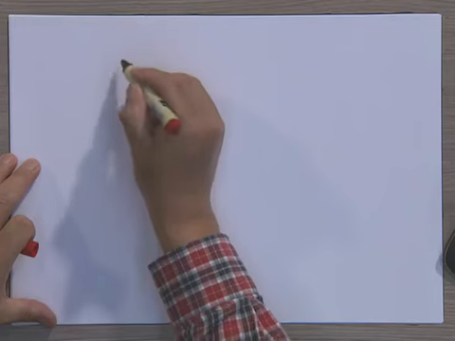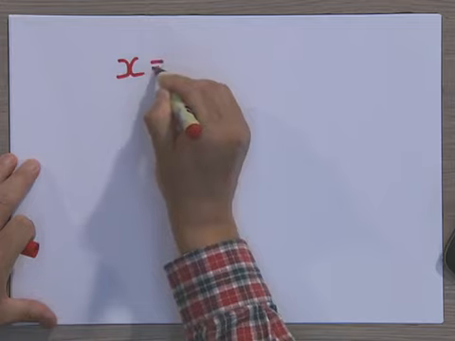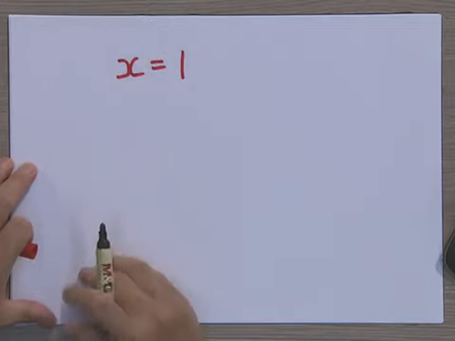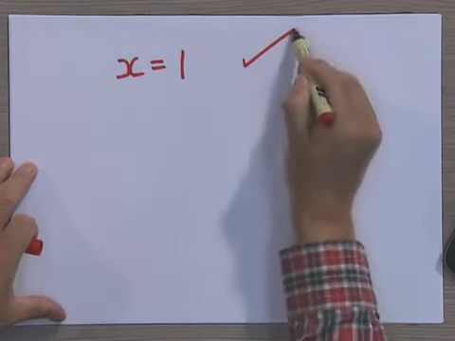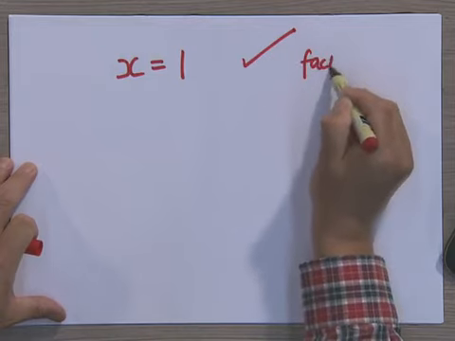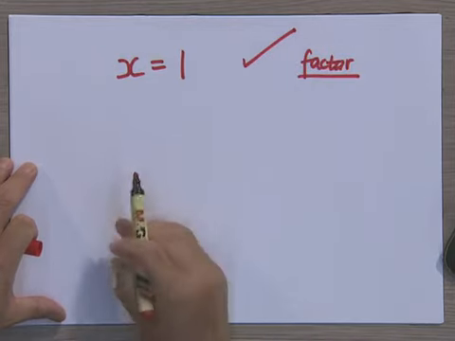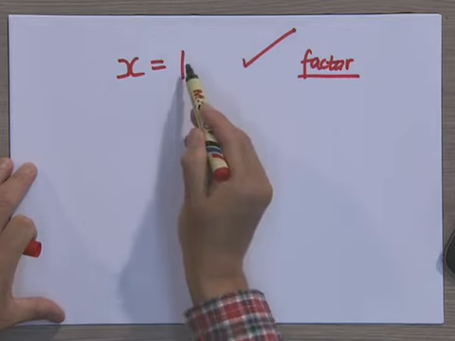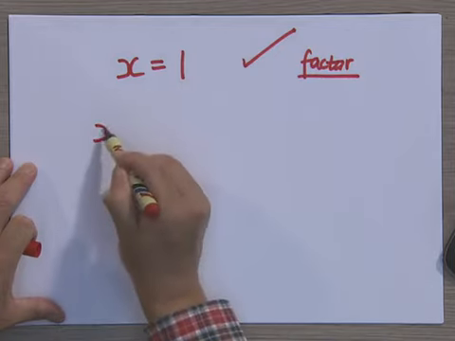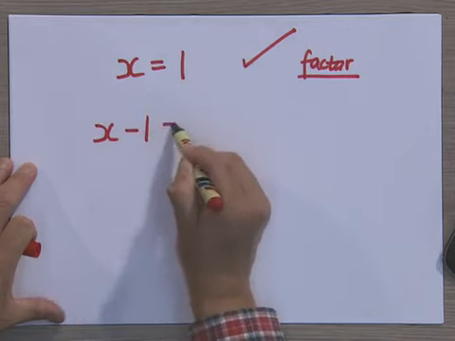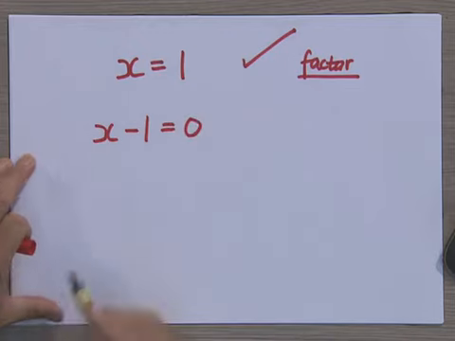Now, grade 12s, if I can just draw your attention to something. If, for example, we say x is equal to 1, and we find out that that is definitely a factor, in other words, the remainder is 0, well, if I take this 1 over, I'm going to have x minus 1 is equal to 0. You agree?